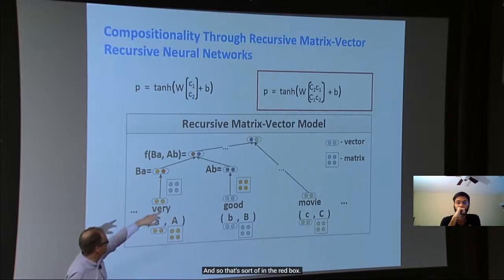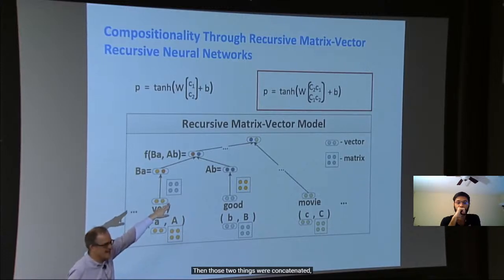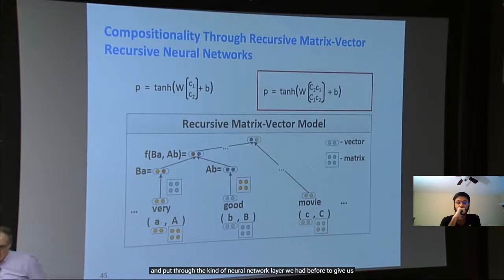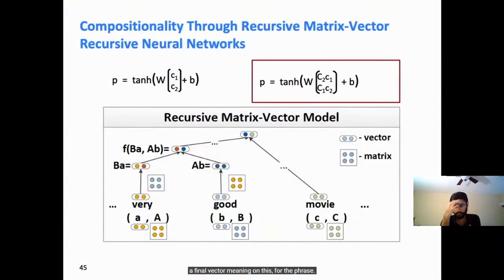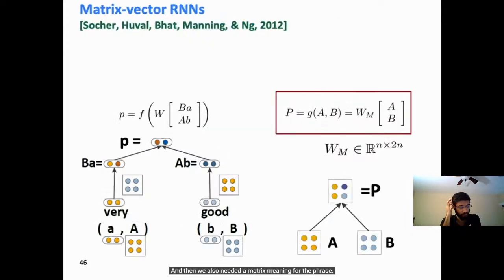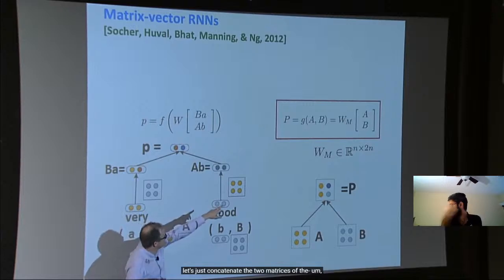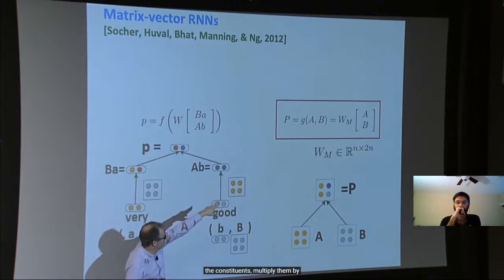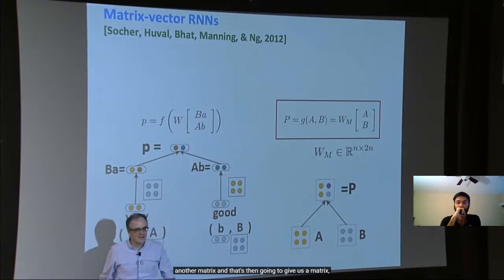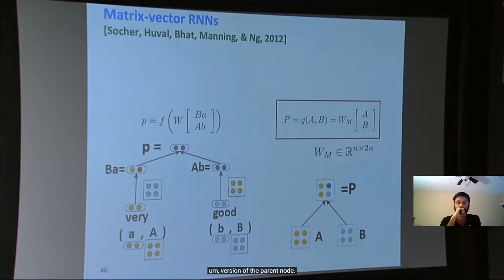And then we're going to have a neural network layer like before that combines those together. That's in the red box. Those two things were concatenated and put through the kind of neural network layer we had before to give us a final vector meaning for the phrase. And then we also needed a matrix meaning for the phrase. For that, we did a simple model, which maybe actually wasn't very good, which was to say, let's just concatenate the two matrices of the constituents, multiply them by another matrix, and that's then going to give us a matrix version of the parent node.